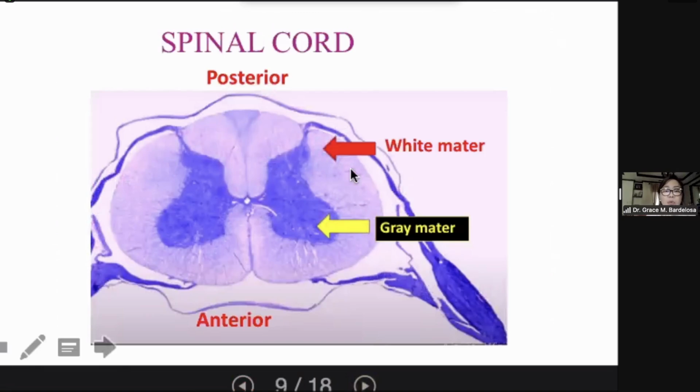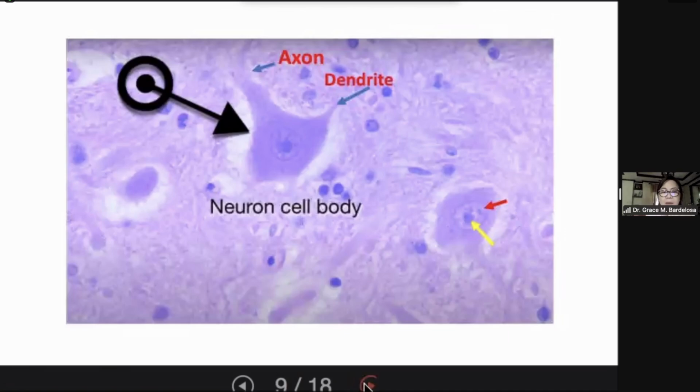It is referred to as white matter because of the presence of the myelin sheath that surrounds the axonal fiber or the nerve fiber. Remember, class, nerve cell bodies are the ones found in the gray matter, as represented by this picture. So this is a neuron, another neuron, another neuron.